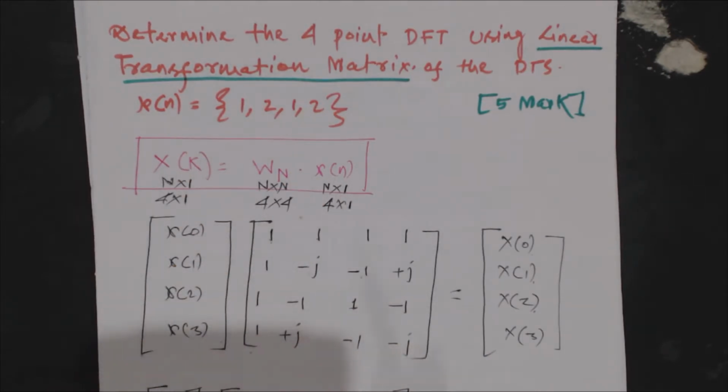In this session we will draw one 8-point linear transformation matrix, and we will see how to fill all the cells of this 8 cross 8 matrix. When you go by the conventional method, it will be very difficult to fill all the cells of the 8 cross 8 W matrix. We will discuss one shortcut method with the help of which you can fill all the cells.